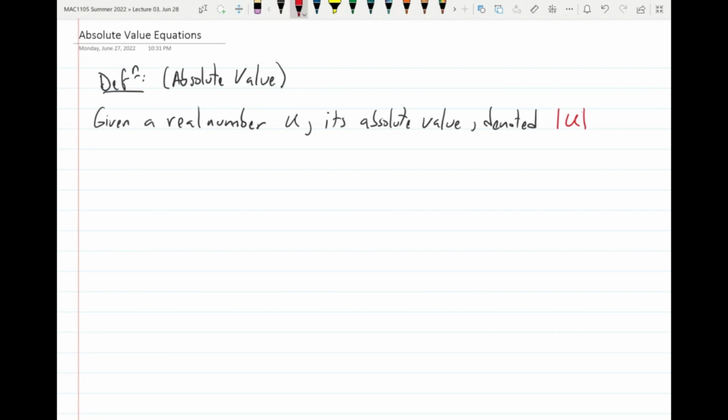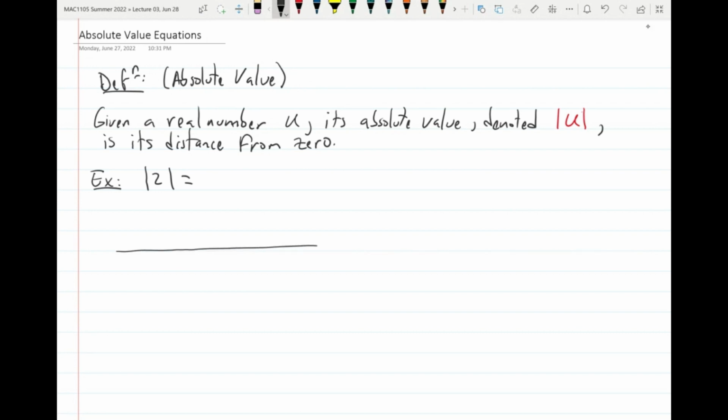So its absolute value is its distance from zero.